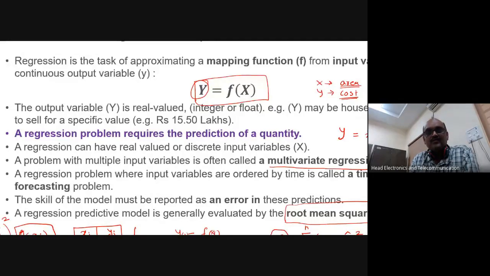And this theoretically should be 0. My model should be such that it does the predictions as close to the original as possible.